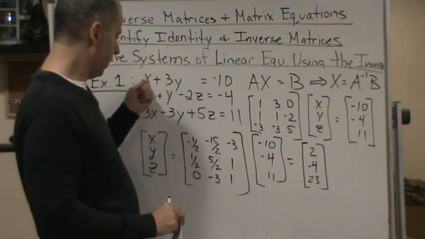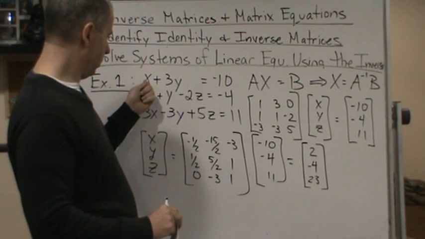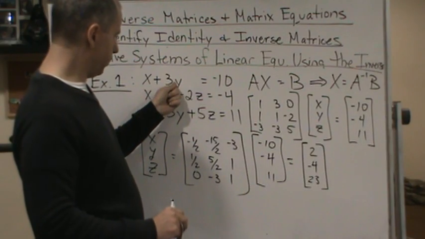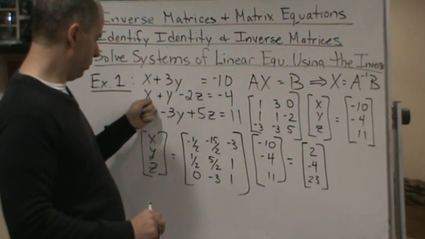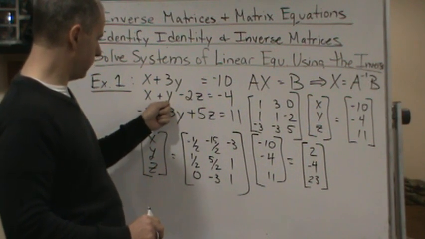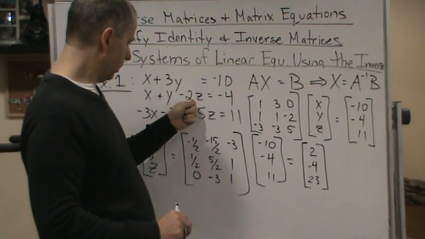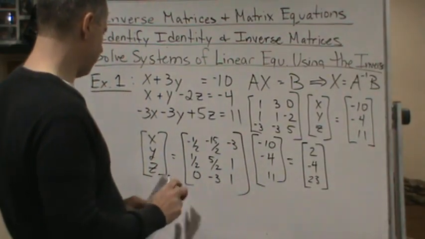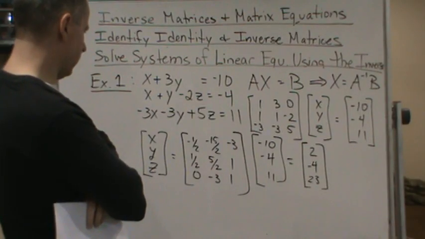So if I put in 2, plus negative 12 gives me negative 10. That's correct. If I put in 2 and negative 4, that gives me negative 2. Hold on, that didn't work. Hold on a second here. Did I mess up?